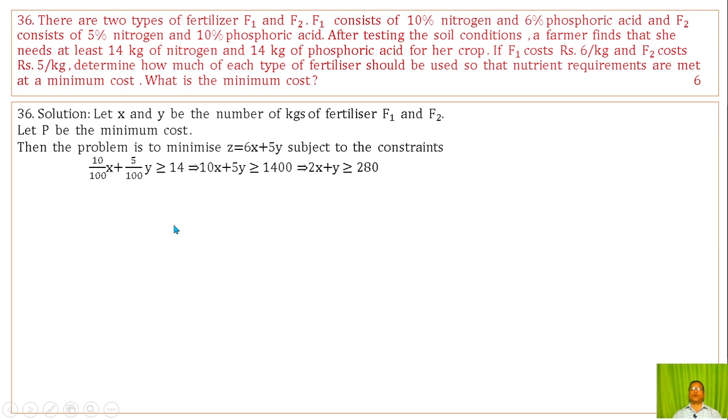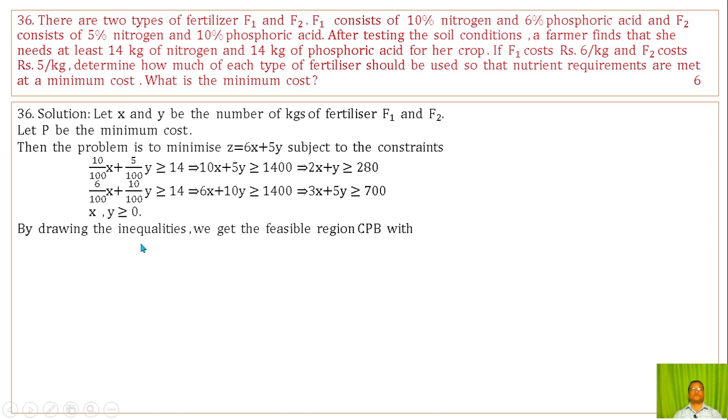For phosphoric acid, 6% of X plus 10% of Y must be greater than or equal to 14. To simplify it, we have this. Then X, Y greater than or equal to 0.